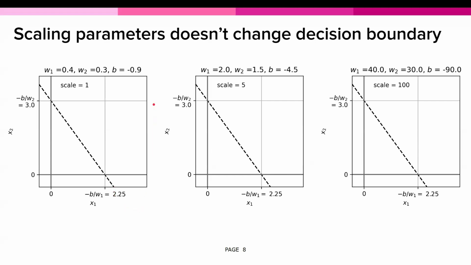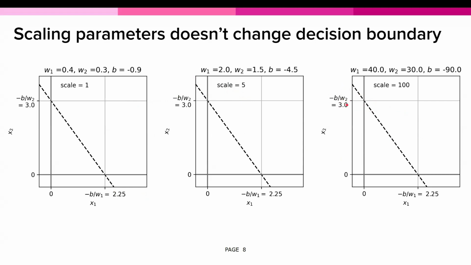Okay, so now if we scale both the weights and the bias by the same constant, let's say 5, then the decision boundary remains unchanged. We've applied a scaling factor of 5 for this middle plot, and then 100 for the right plot. It doesn't matter. The intersection points along the axes stay fixed.